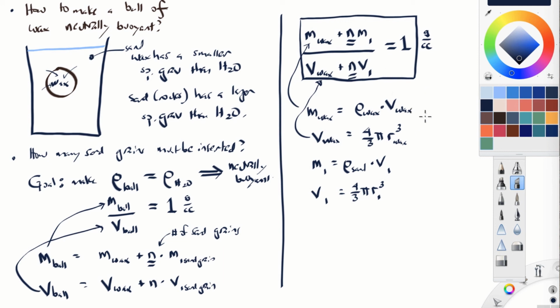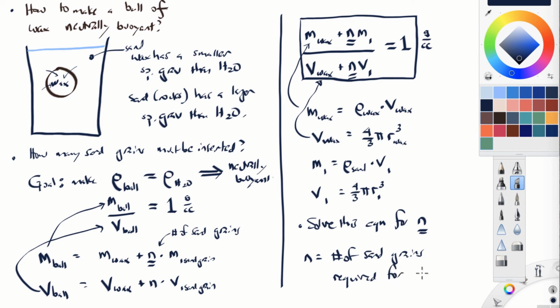So we could do that. That would involve some algebra, rearranging this formula, but we basically want to solve this equation for N. And remember, N was equal to the number of sand grains required for neutral buoyancy.